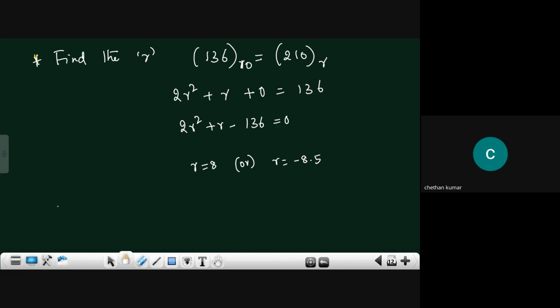So I'll give one more question here. Let's take this number. Can you convert this into decimal? Also convert this into octal, and also into hexadecimal.